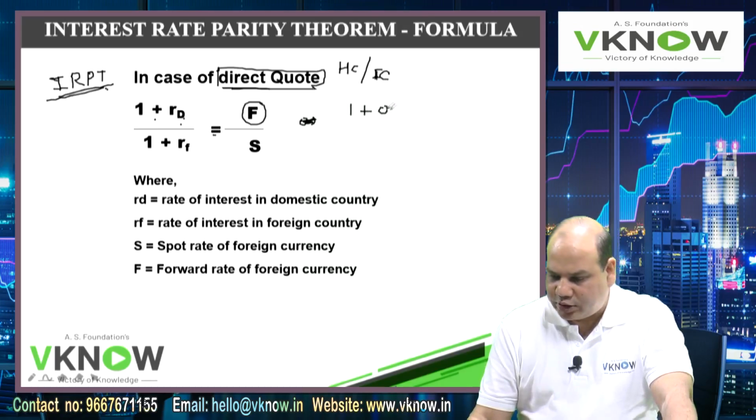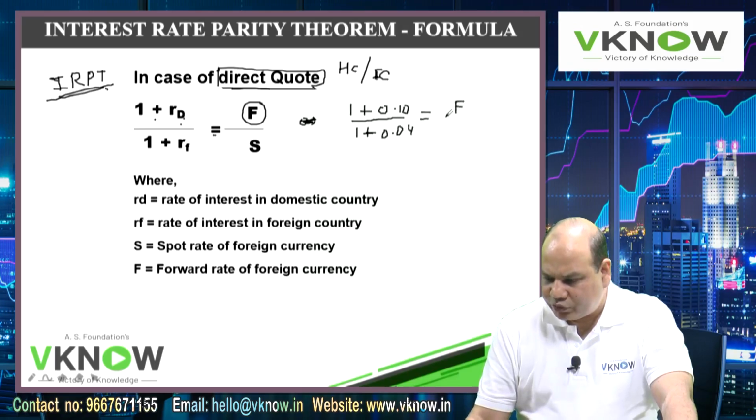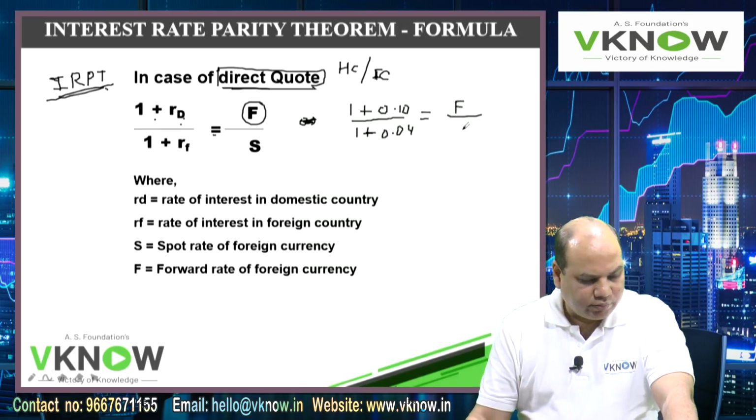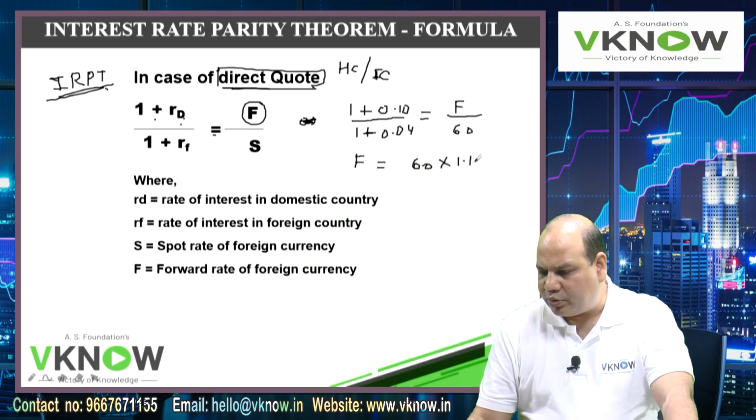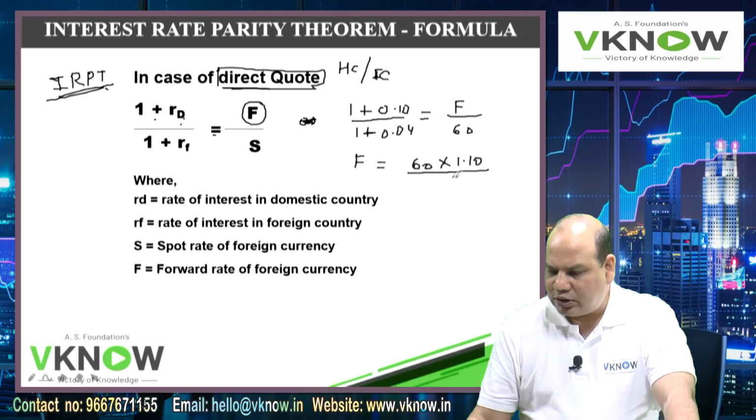So interest rate in India is 10%, interest rate in USA is 4%, forward rate we have to find, and the spot rate is 60, which means forward rate will be equal to 60 multiplied by 1.10 divided by 1.04.